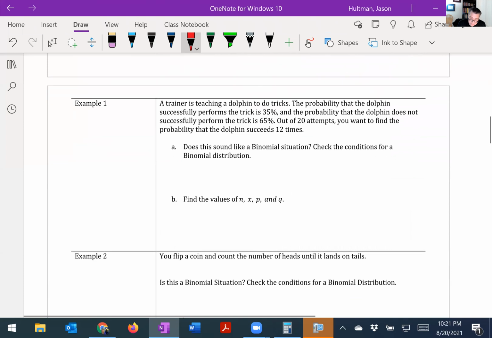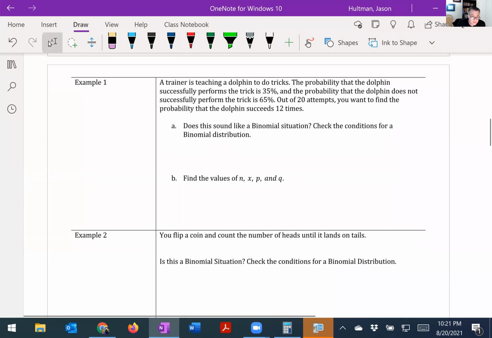Example 1. A trainer is teaching a dolphin to do tricks. The probability that the dolphin successfully performs a trick is 35%. That's a success. That's going to be p, so little p is 0.35. The probability that the dolphin does not perform the trick, that's going to be a failure, is q, 1 minus p, or 0.65, 65%.